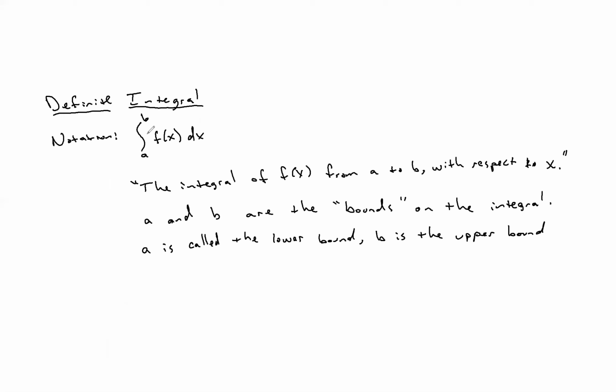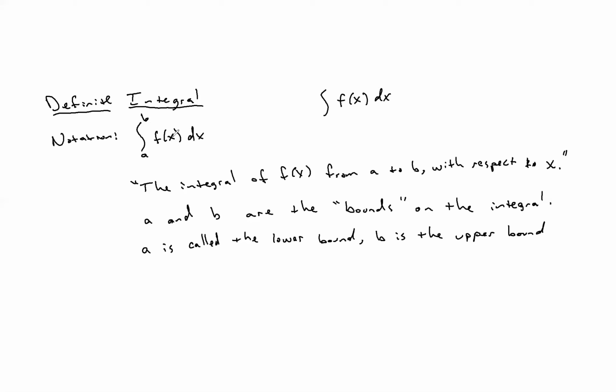Whenever you have these numbers a and b attached to the integral sign, that tells you you're doing a definite integral, as opposed to something without the numbers attached, which is an indefinite integral. We did these indefinite integrals in 4.8.